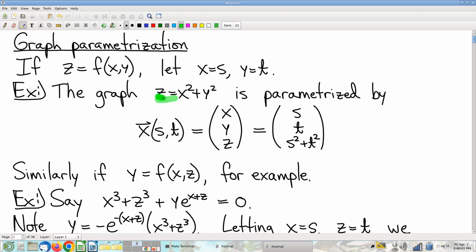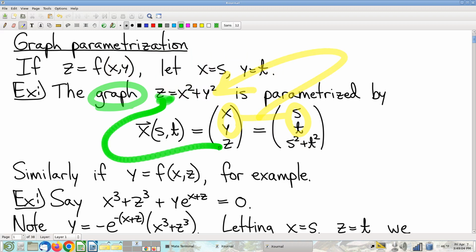So let's look at this example here. Notice we indeed have a graph. The input variables, just as in our setup here, the input variables are x and y, so we're going to let x and y be s and t, just following the rule. And if you think about it, if x and y are s and t, that pretty much ties our hands. Z has to be s squared plus t squared.